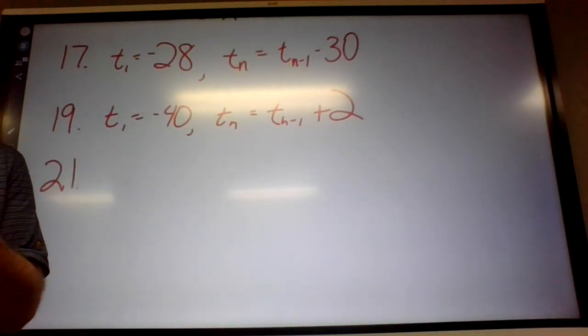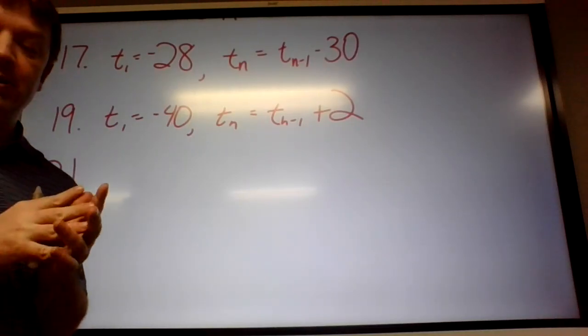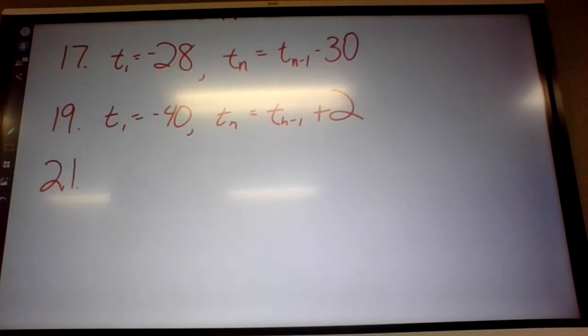Okay, 21. From 1 to negative 3 to positive 9 to negative 27. What is the pattern? Times negative 3. They're telling you in the directions it's geometric, so you know it's times something. We're going back to explicit.